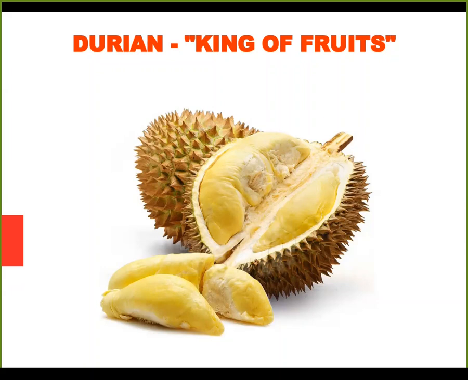So this example demonstrates the role of conditioned reflexes in salivation. You produce saliva when you see food, when you think about food, when you talk about food, only if you have previous experience with this food.